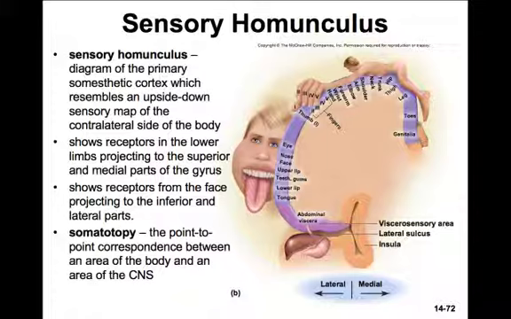This point-to-point correspondence between areas of the body and areas in the central nervous system is called somatotopy. This diagram of the primary somesthetic cortex, which resembles an upside-down sensory map of the contralateral side of the body, is called a sensory homunculus. Homunculus simply means little person.